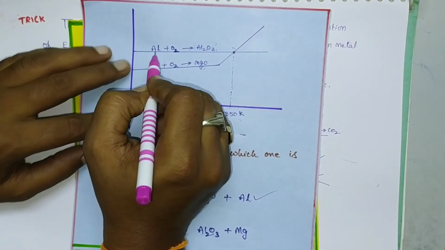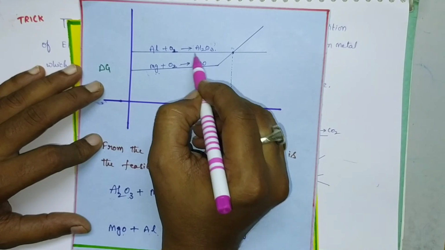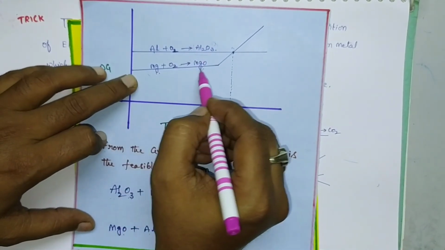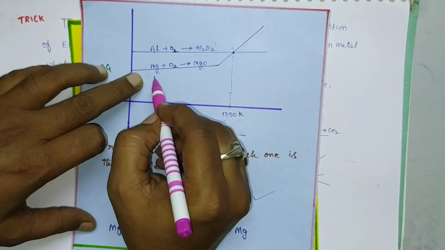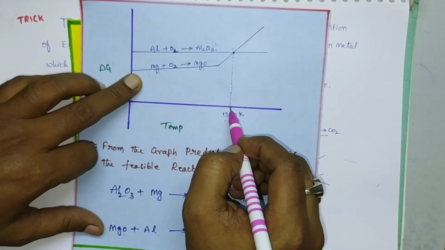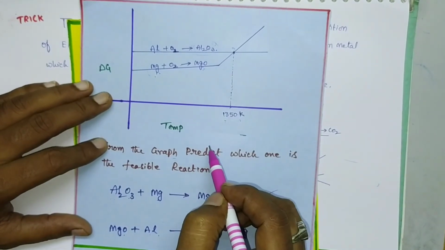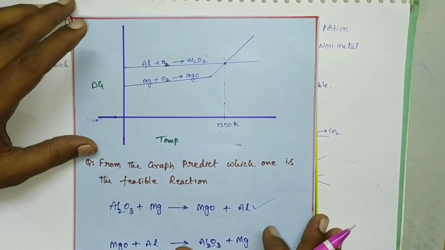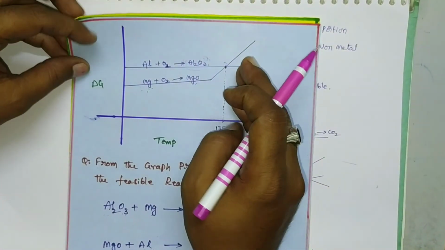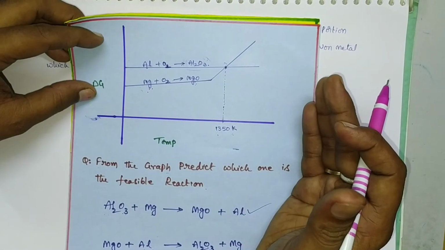Okay, clear? So the metal oxide which is present above the portion of the Ellingham diagram can be reduced by the metal which is present below portion of the Ellingham diagram. And we should select the lowest temperature. Okay, clear? So by using this trick, you can predict whatever may be the given metal and metal oxide. You can select the best reducing process.